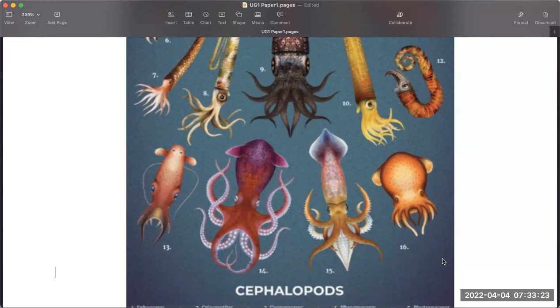Shell may be external, may be internal, and it might be absent also. See, in octopus, shell is not there. Head is distinct and large, with well-developed eyes and mouth.